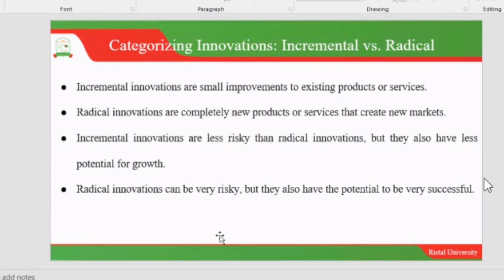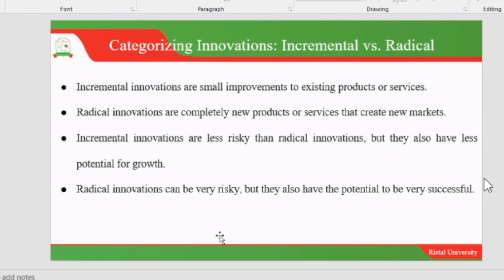So incremental innovations are less risky because already there is that parent organization from which you are innovating now something, as an increase, basically, you know, a small improvement on the existing products. But when you are analyzing it further, you realize that they have less potential for growth, okay?